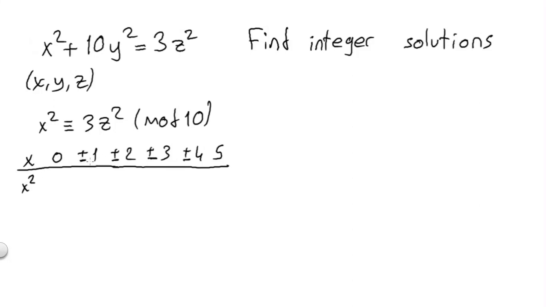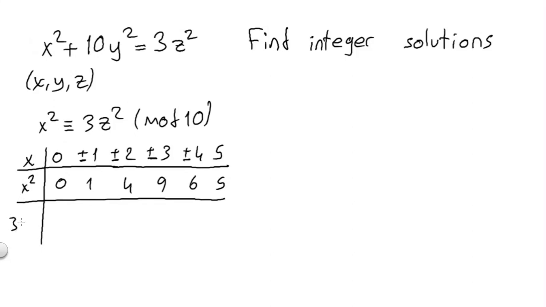So 1 and minus 1 give the same thing. If I square these values, it will be 0, 1, 4, 9, 16 which is 6, and 25 which is 5. These are going to be my values, and this is obviously the same for z squared too.